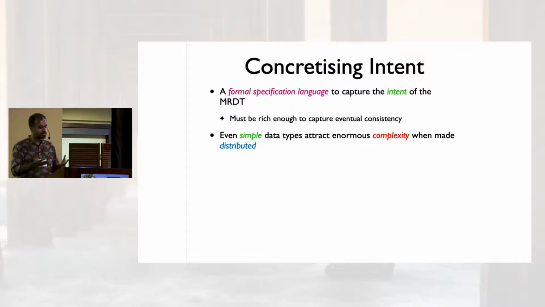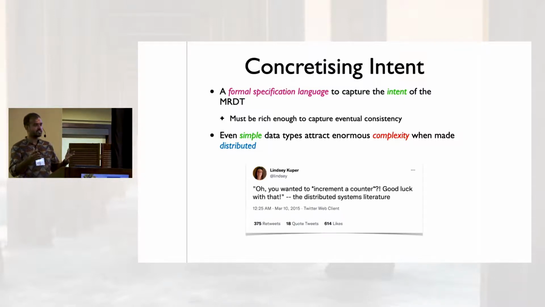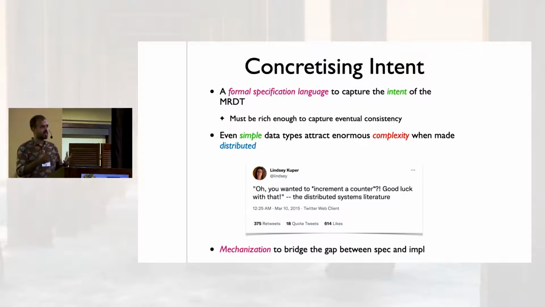And the thing that we observe is that even simple data types attract enormous complexity when you make them distributed. I think this was succinctly captured by a tweet by Lindsey Kuper many years ago. It's just hard. If you want to talk about counters, they're just hard in a distributed setting. So in our mind, we decided that we need mechanization to connect specifications to implementations. And this is our work.